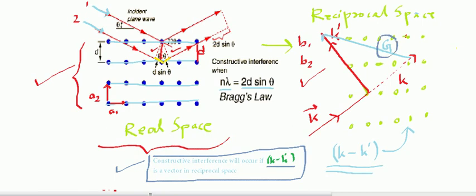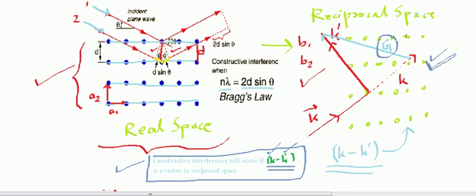You do k minus k dash, you get a vector, and see if that vector lies in this space or not. The k is the incident wave and k dash is the outgoing wave vector. If you subtract them and get a vector which lies in this space, then constructive interference will occur.